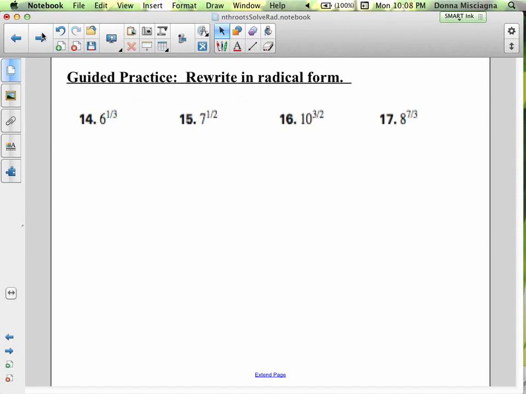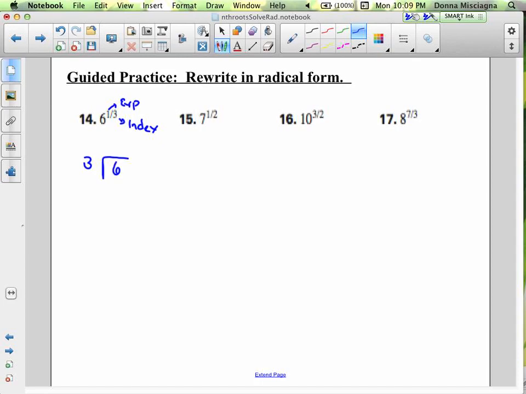All right, so let's write this one into radical form. These are all in your notes, by the way, this set and the other set. So the 1 there is an exponent, and the 3 is the index on our radical. So this would be the cube root of 6, and I don't need to put an exponent of 1.